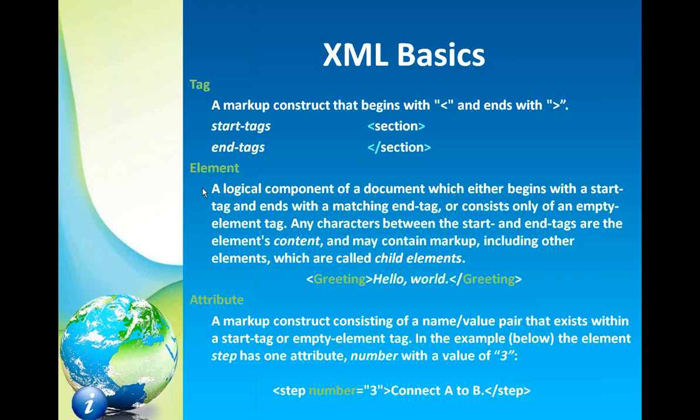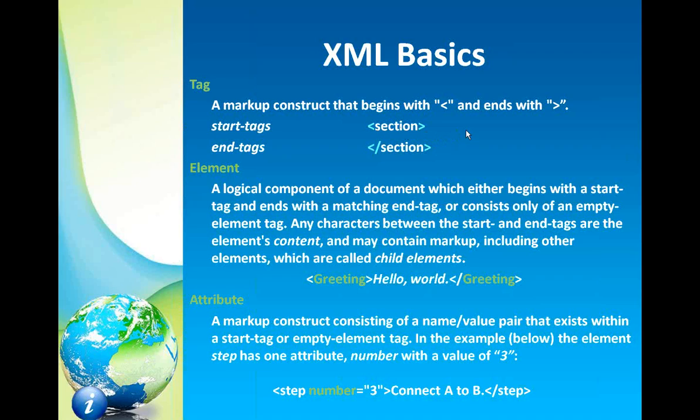But these are tags, and this is the tag name. An element is a logical component of a document which either begins with the start tag and ends with the matching end tag, or consists only of an empty element tag. Any characters between the start and end tags, this is the whole start tag, this is the whole end tag, so any information between here are the element's content.